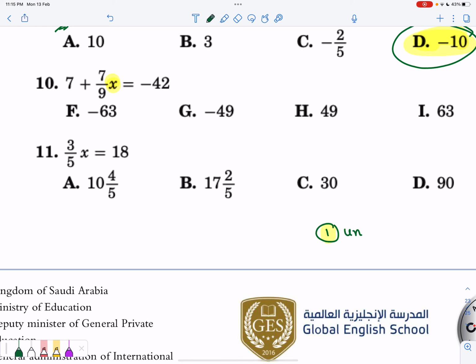So 7 times 9 is equal to, I guess, 63, right? Yes, it's going to be equal to 63. Now, focus that here we have a negative sign. And you have negative multiplied by positive. Negative times positive is negative. So the correct answer is negative 63, which is answer F.